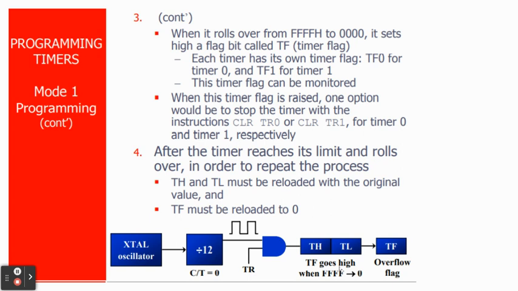All you have to do is monitor it by using while (TF1 or TF0 == 0); do nothing. I will show you that in the program later on. And then the timer flag must be set back to 0 when you are done counting up. So this is the overflow flag again.